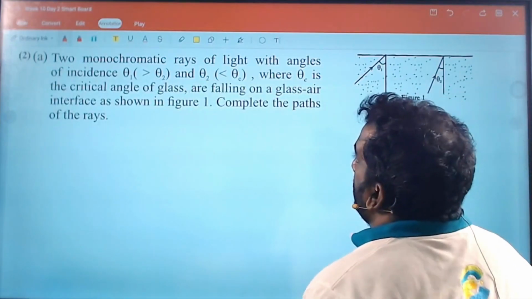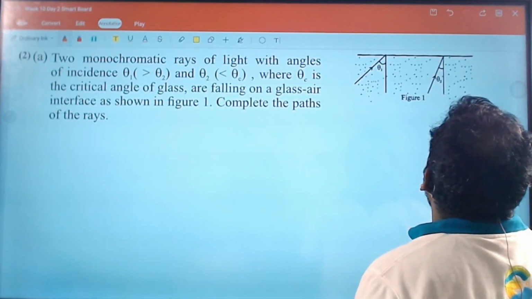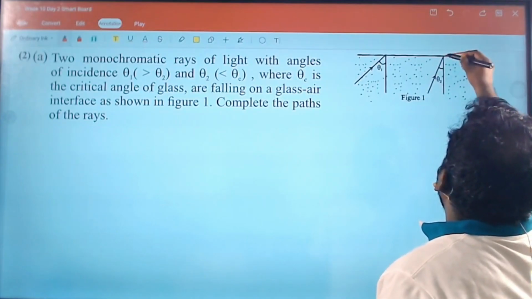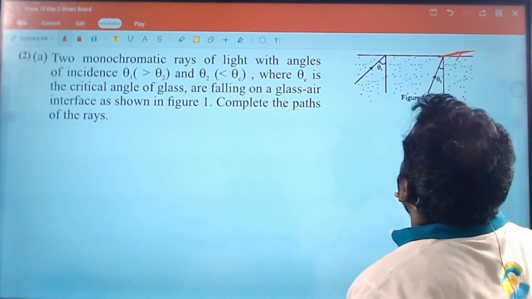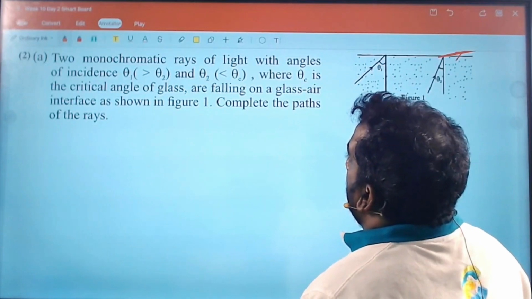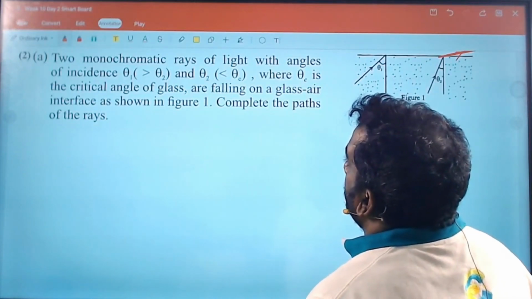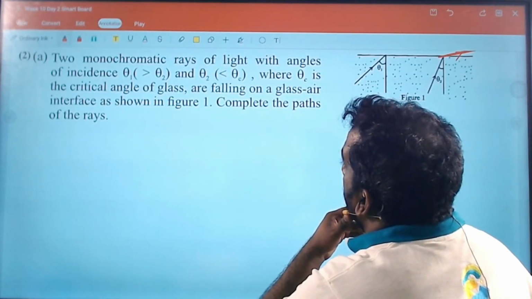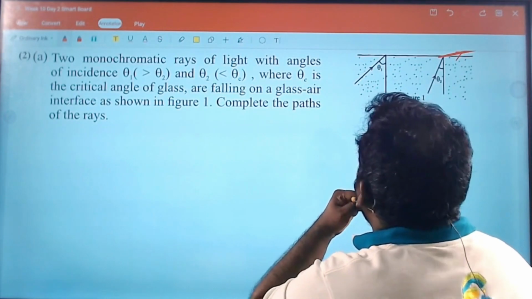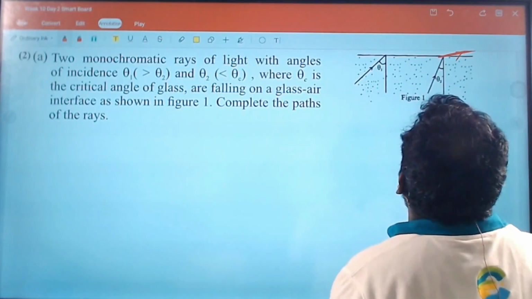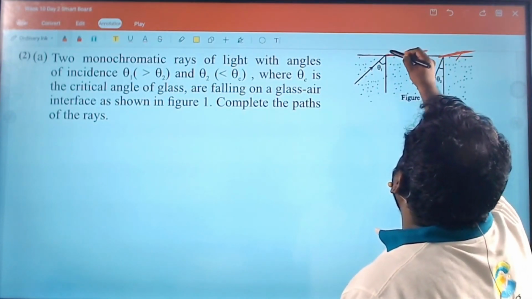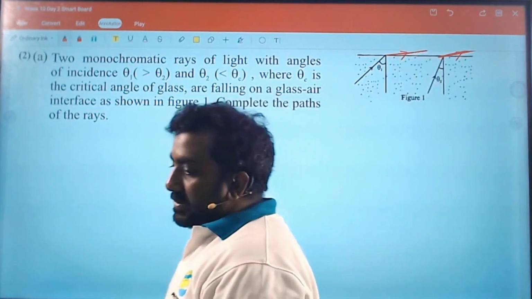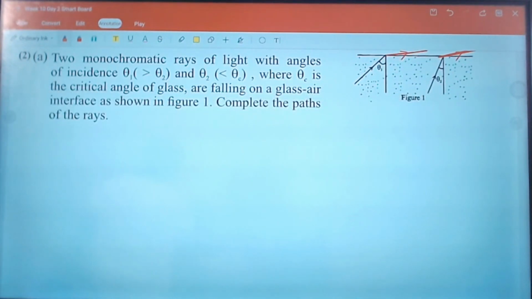If theta 2 is smaller than the critical angle, light rays will refract away. Theta 1 is larger than theta 2. Larger angle, greater deviation taking place.